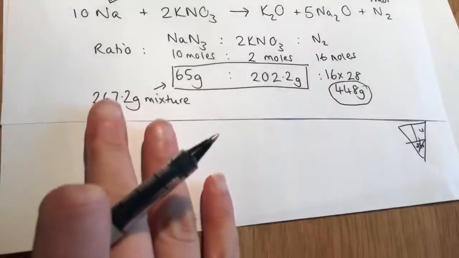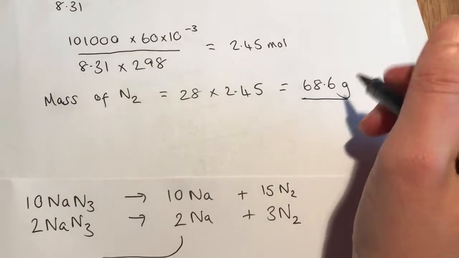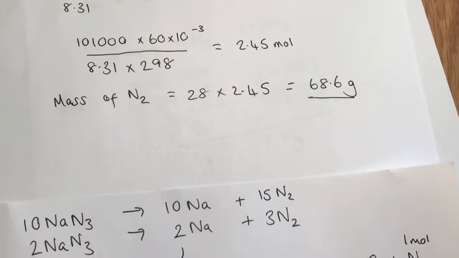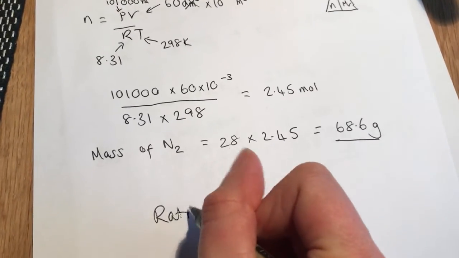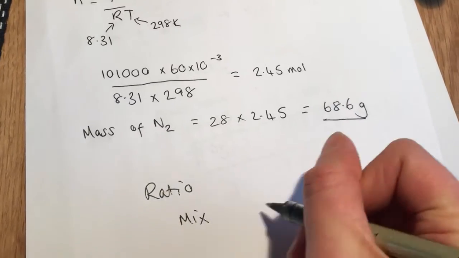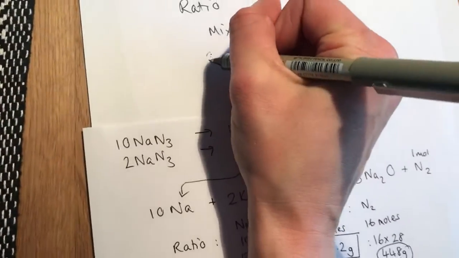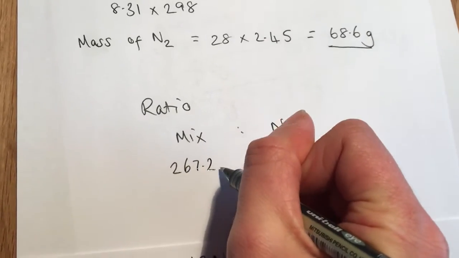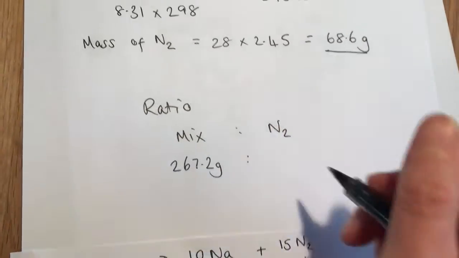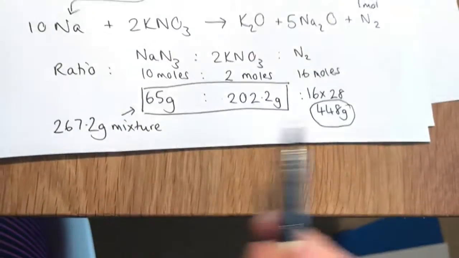However, in the calculations that we've done before, we know we're making this mass of nitrogen. So here's where we use the ratio, mixture to nitrogen. We know from our calculations that 267.2 grams of the mixture produces 448 grams of nitrogen.